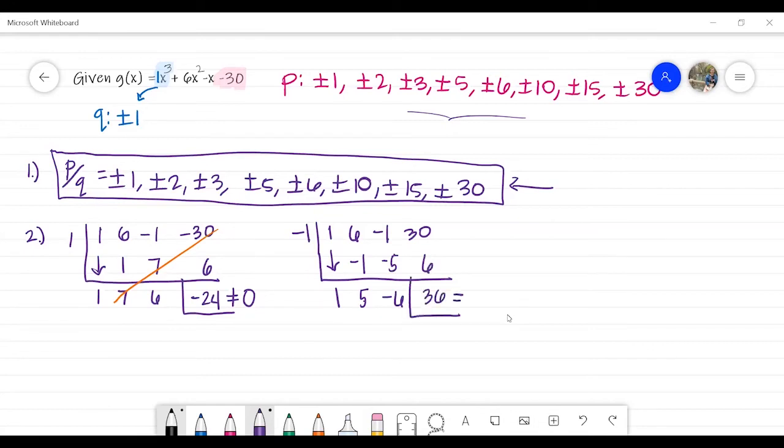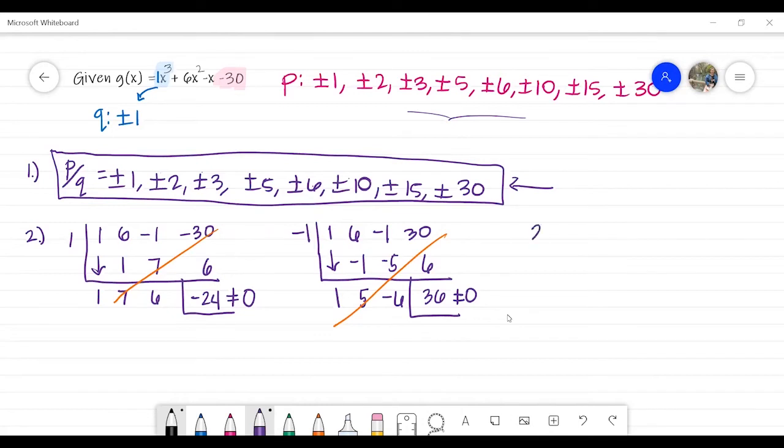So we get -24. Again, still not equal to 0, still crossing it off our list. This is a good example because sometimes it takes a minute to get to your answer. We have 16 different options, so you're not guaranteed to get the right one on the first try every single time.